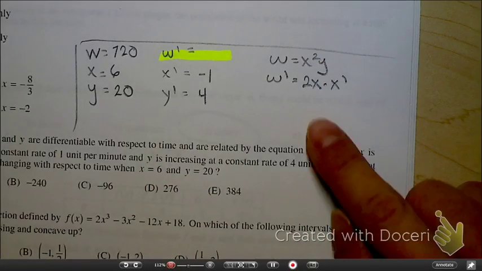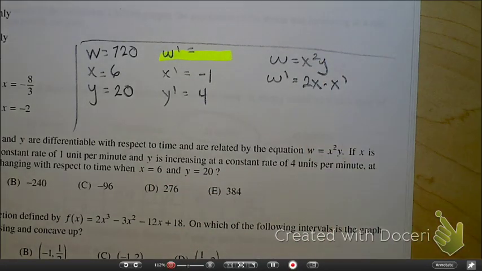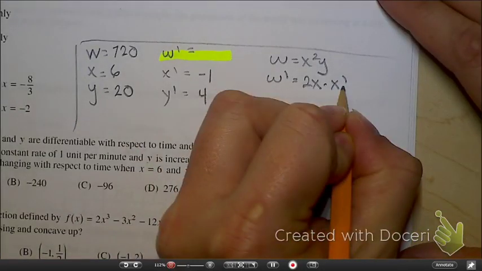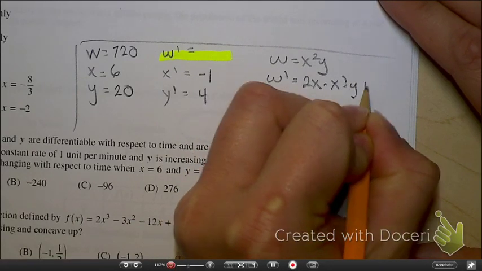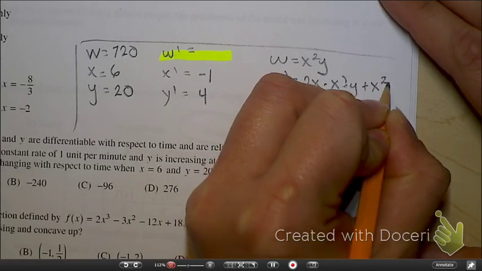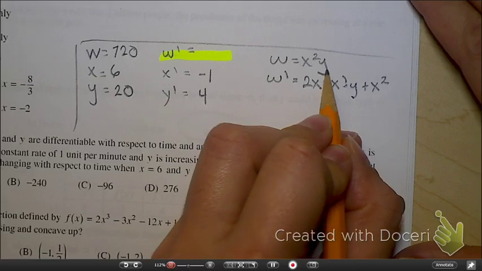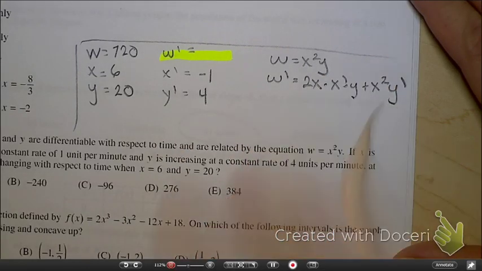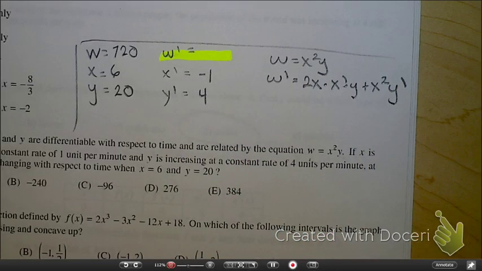So product rule says derivative of the first, got that, times the second, so times y, plus the first, which is x squared, times the derivative of the second, so times y prime. And now we have the derivative of w using the product rule and the chain rule.